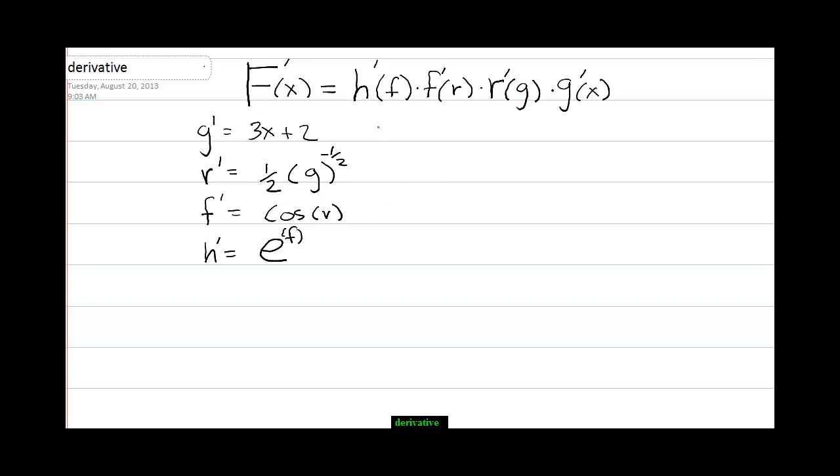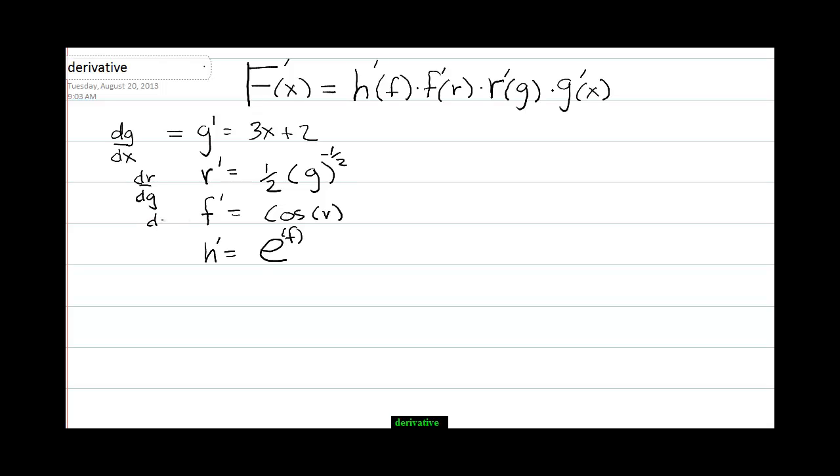Now notice, just for completeness sake, that what do we mean by g prime? Well, we mean dg dx. What do we mean by r prime? Well, we mean dr dg. What do we mean by f prime?